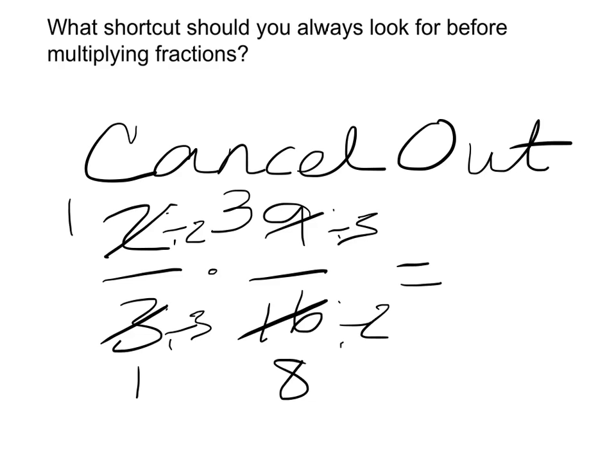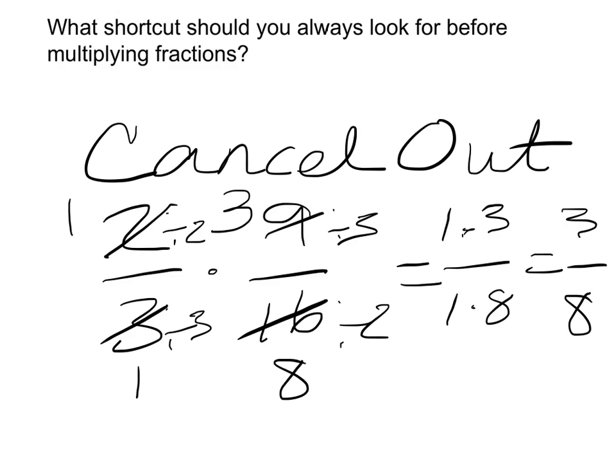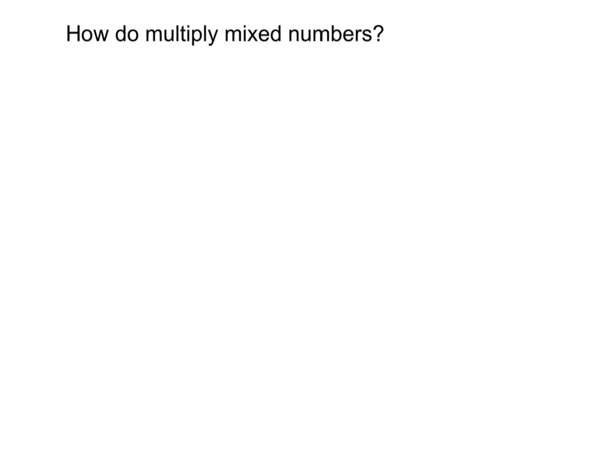So now I'm looking at 1 times 3 in the numerator and 1 times 8 in the denominator, so the final answer is 3/8. So remember to always look for ways to cancel out, or in other words, simplify before you multiply. Now you try the two problems, 1/2 times 4/6 and 2/3 times 3/4.